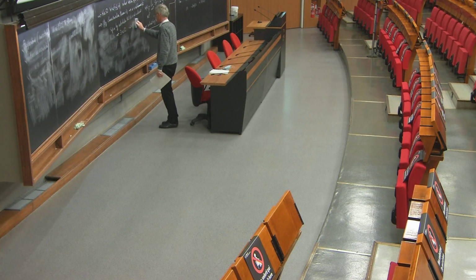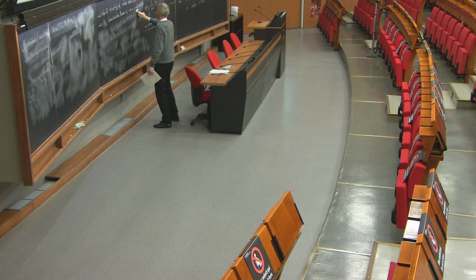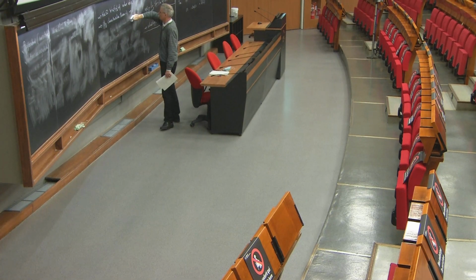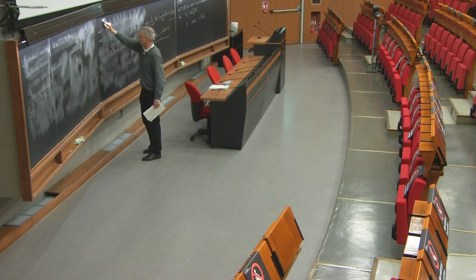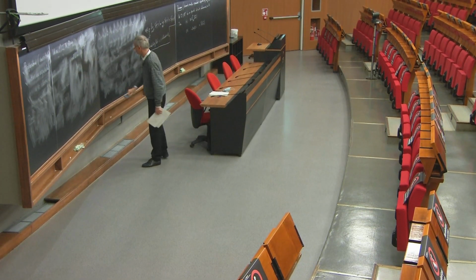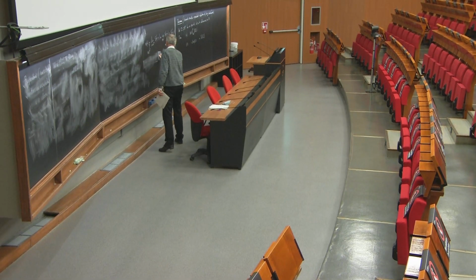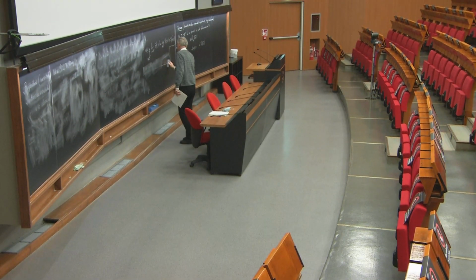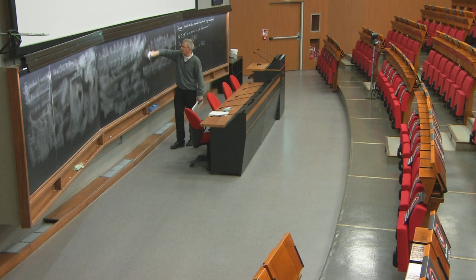So everybody knows what L1 loc means? I think so, no? It's an L1 function in any bounded ball contained in omega. And what does the second assertion mean? Does everybody know, or should I explain?